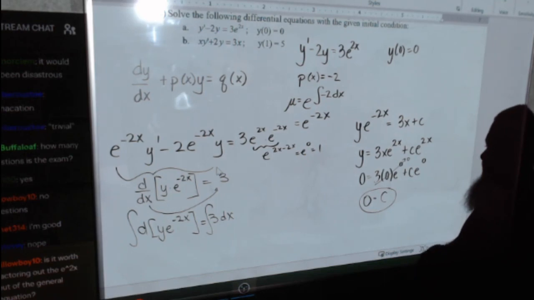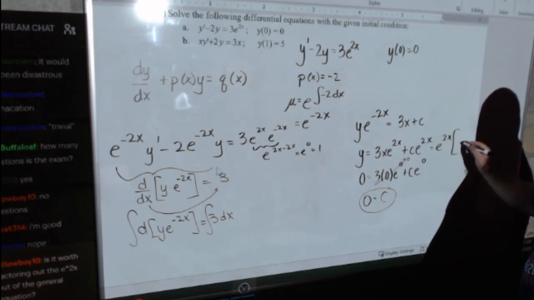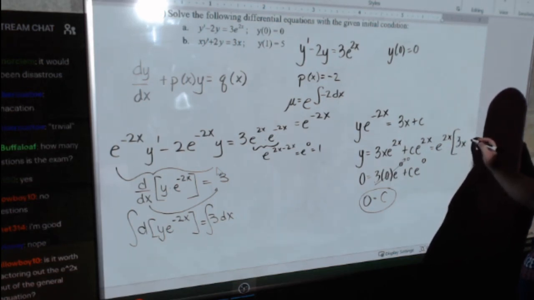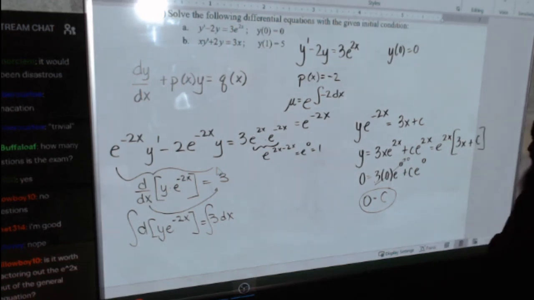Is it worth factoring the e to the 2x out of the general equation? You certainly can. By worth, do you mean the correct way, or are you going to get more credit, that sort of thing? I don't know what you're searching for there. Or you could write it that way, and you'd still come up with the same constant c.